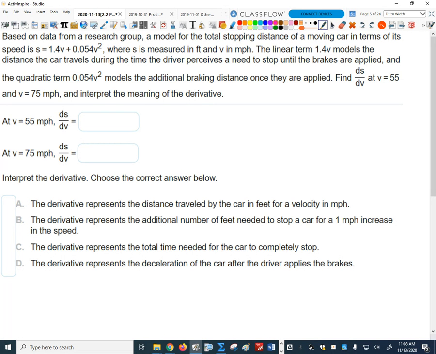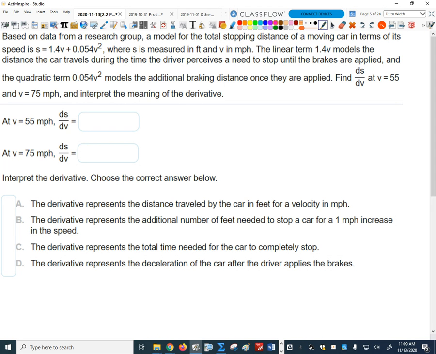But if we wanted to really name those quantities, the feet is the unit we're using to measure stopping distance, and the miles per hour is the unit we're using to measure speed. So we probably want to tweak that just a little bit and say the rate of change of stopping distance, and you could add stopping distance in feet, with respect to speed in miles per hour. Does that make sense? Okay.